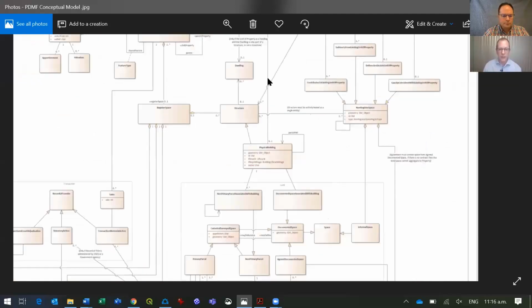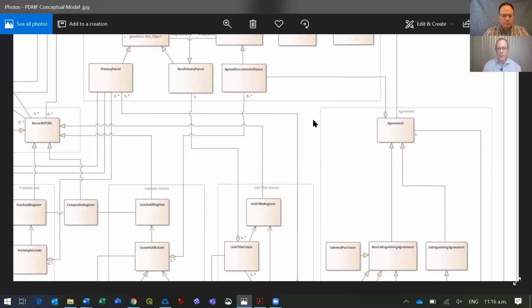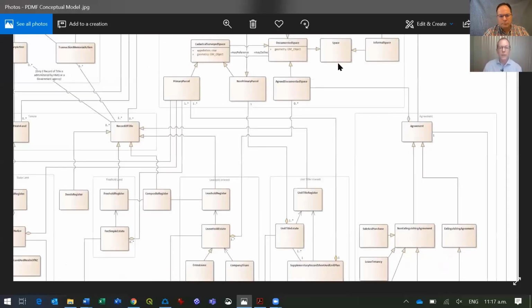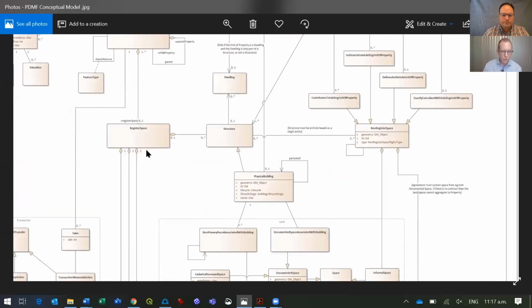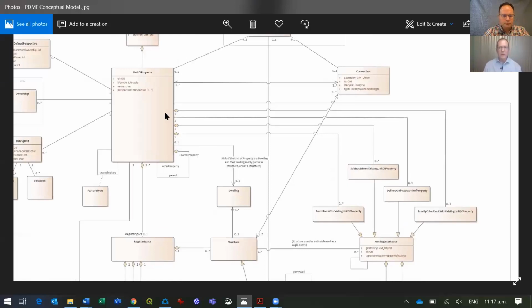So for instance, if we look over on this side of the model, we've got a lot of information about private leases and rental agreements and things like that. Well, they're probably never going to be available to us to turn into digital data and implement per se. But we needed to have it in the model so we could understand how those private leases contributed to what a property is. So the take-home message is we don't expect that the model will be implemented in its entirety, and particularly not all at once.